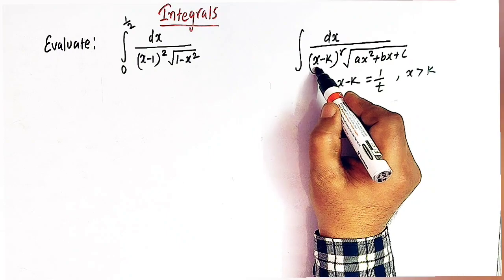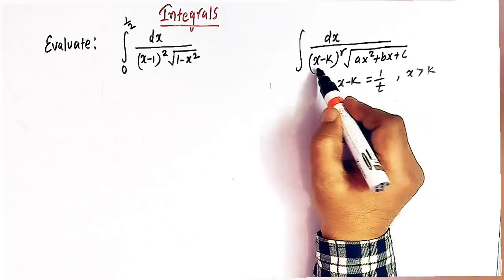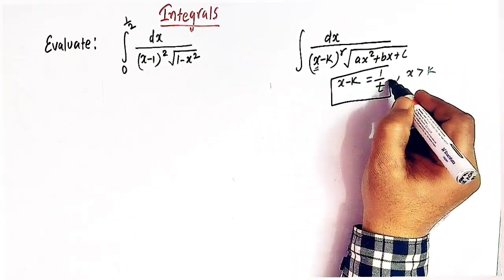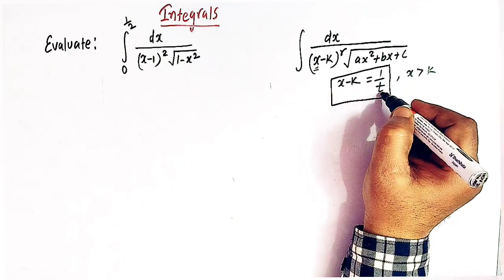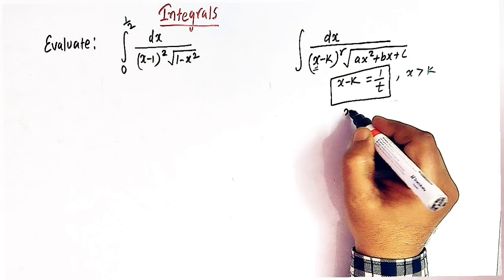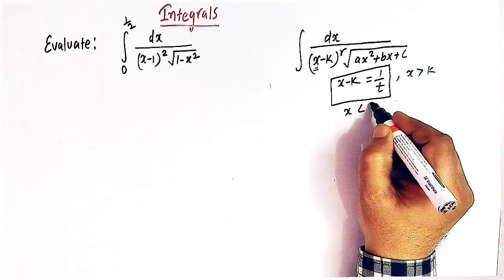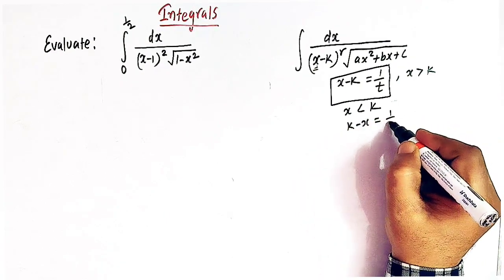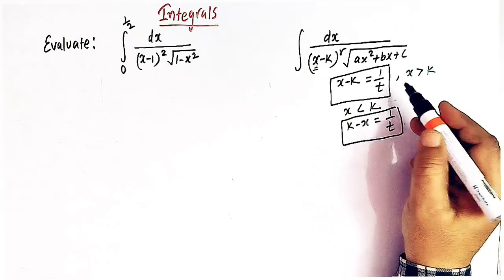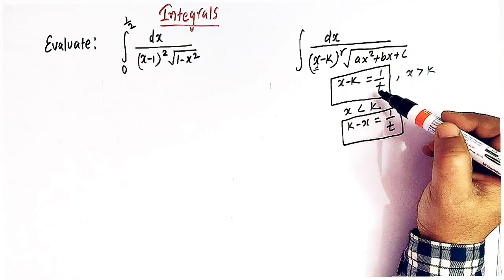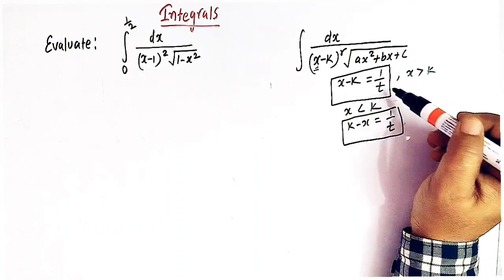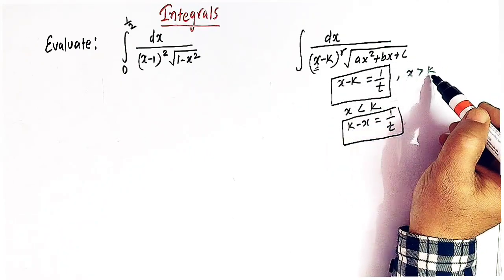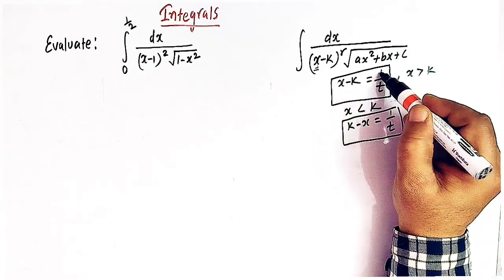We take this linear factor, x minus k, and whenever x is greater than k, we take the substitution x minus k equal to 1 over t.